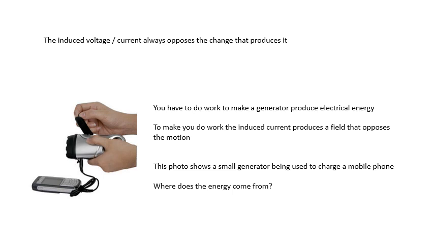If you look at this diagram, this is a small generator, and we're charging up a mobile phone. Where does the energy come from? It has to come from somewhere, and the answer is that it comes from you, because you have to do work cranking that little handle. And to make you do work, the two magnetic fields oppose each other, just like friction.